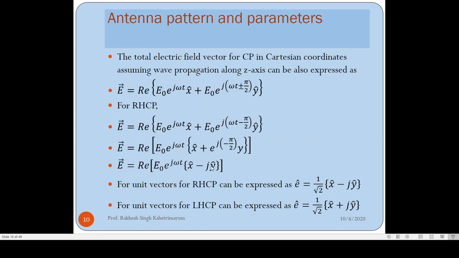So the unit vector for the right hand circular polarized wave is of the form 1 by root 2 (x hat minus j y hat), and for the LHCP wave it is 1 by root 2 (x hat plus j y hat). We will be using this expression later on.